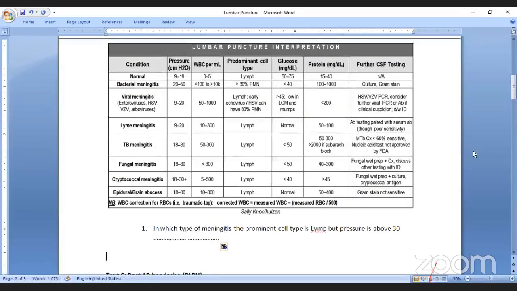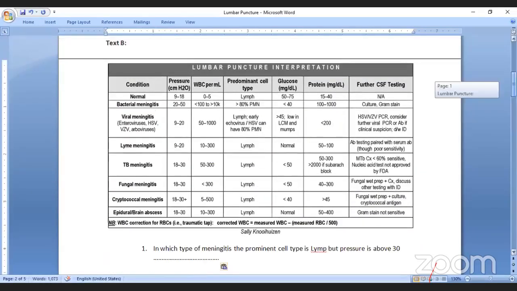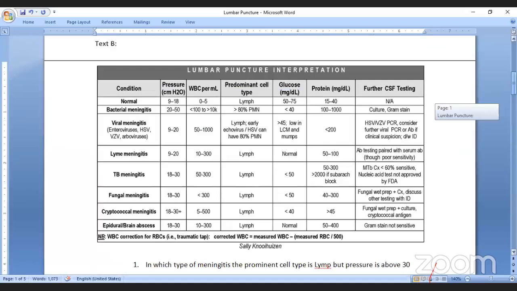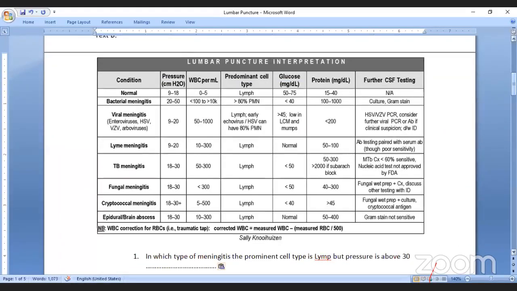Let us copy the question. Nobody will tell me the answer directly; you will write it in the chat. Text is B. Now try to find the answer. Those on Facebook, write the answer in the chat.